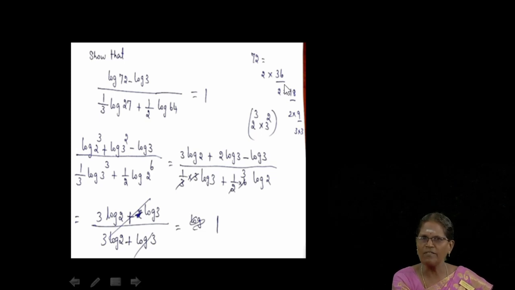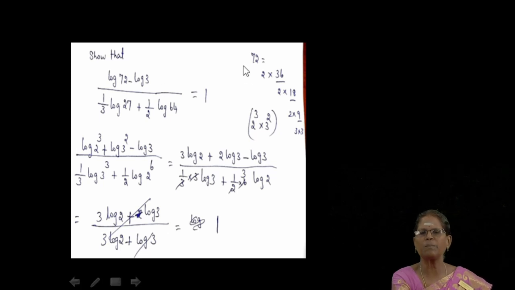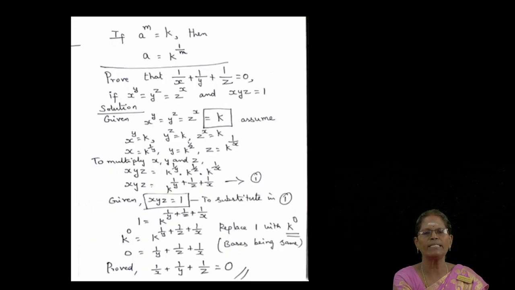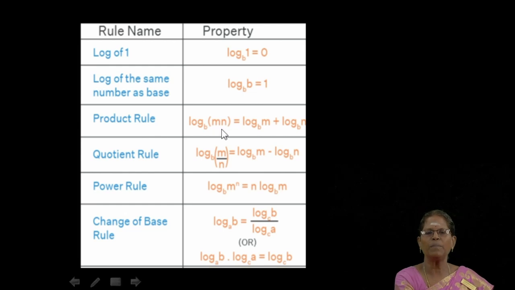If you want to solve any problem, we have to split a big number into small numbers. So 72 is split as 2 cube into 3 square. And again, log of 2 cube into 3 square: by applying one formula that we have studied in the log formulas, when two numbers are multiplied, they have to be separated and added.